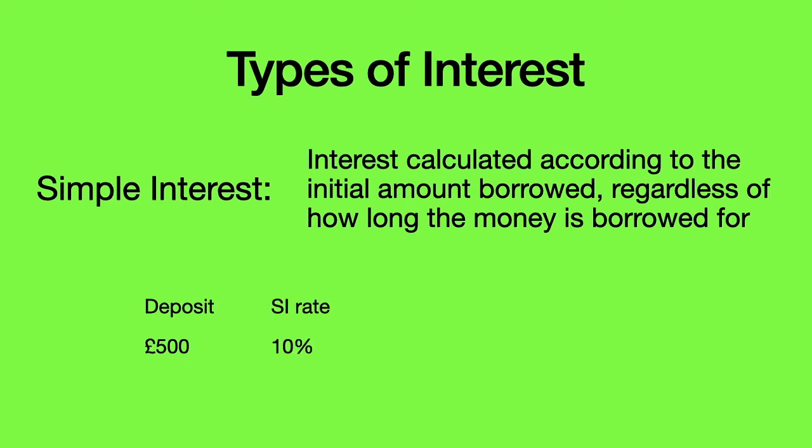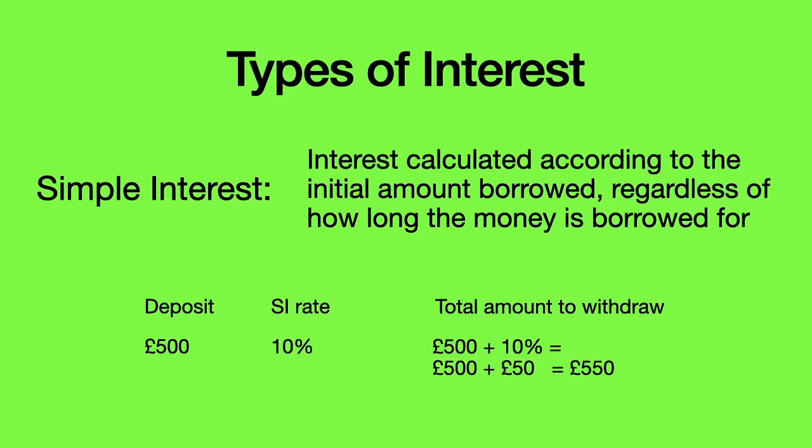There'll be a simple interest rate, let's say 10%, and then the total amount that you're going to be able to withdraw is going to be £550, which is the initial deposit plus the percentage of that deposit that has already been agreed. And this is not dependent on time. This is whatever point you're going to give back that deposit plus the interest.